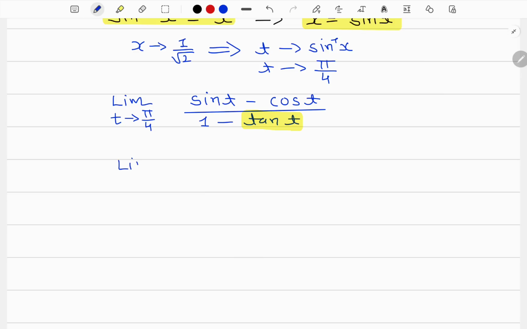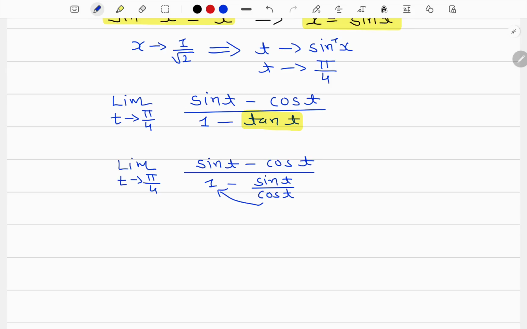So now limit t tends to pi by 4 of sin t minus cos t as it is, and tan t is sin t upon cos t. Now here we take the LCM, cos t.